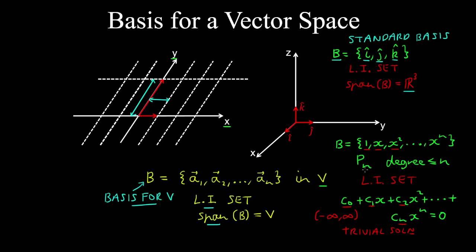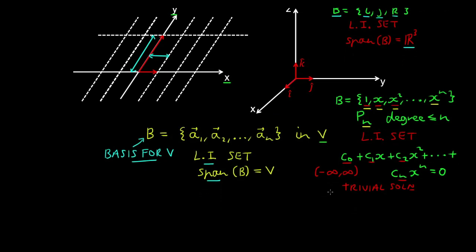And recall that any polynomial with a degree less than or equal to n can be expressed as the linear combination of these polynomials. So therefore, the span of B is the vector space Pn.